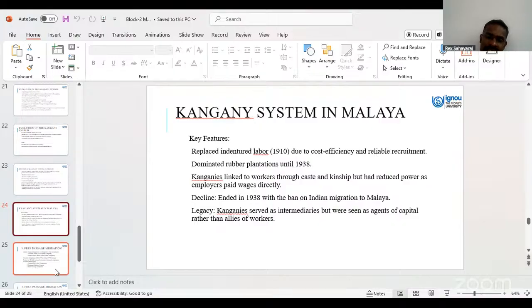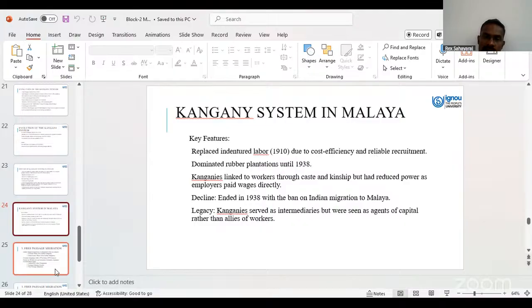So each government has taken a few steps to stop this Kangani system. One reason is that the expansion did not need more laborers for them. Already it's filled, it's overwhelmed. So they don't want more workers. So they are trying to stop this Kangani system and other things by enforcing laws.